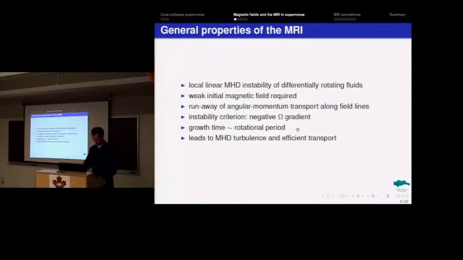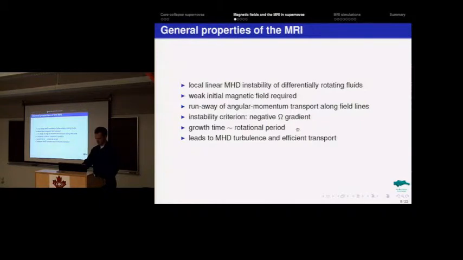If the progenitor star rotates, after collapse, it will probably rotate differentially, even if the rotation initially was rigid. And this criterion, a negative omega gradient, is fulfilled typically in a proto-neutron star.